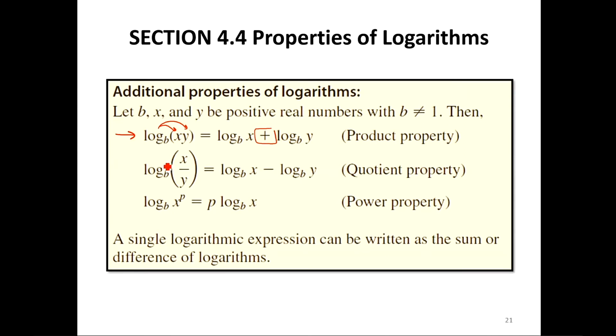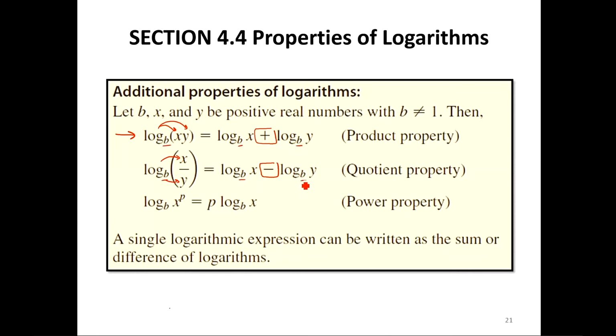If we have a fraction, log of x over y, we can distribute the logarithm on x and y, putting a minus between them: logarithm of the numerator minus logarithm of the denominator, log x minus log y.